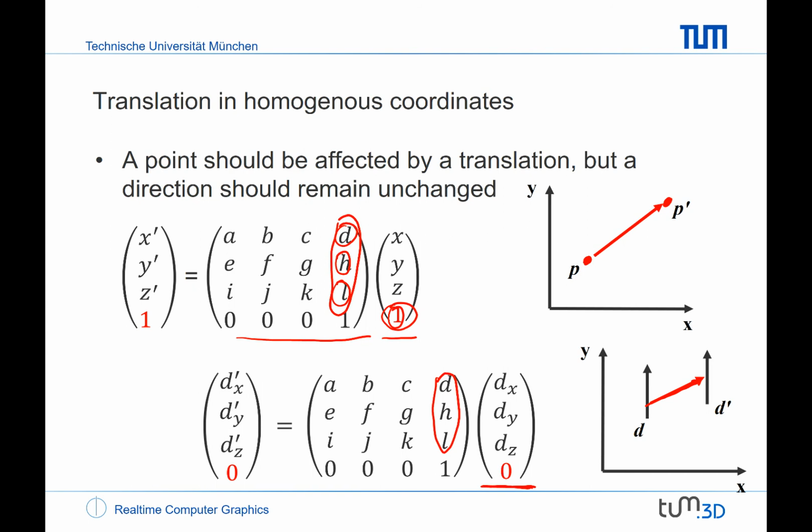In order to enforce this, whenever you specify a directional quantity, you just have a 0 in the fourth homogeneous component, because now if you multiply that 4x4 matrix with the 4-component vector, then these final translational components do not have an effect. After the transformation, you obtain a 0 in here again, indicating that this is a directional quantity, compared to a 1, which you have in the final result when you transform a point location.